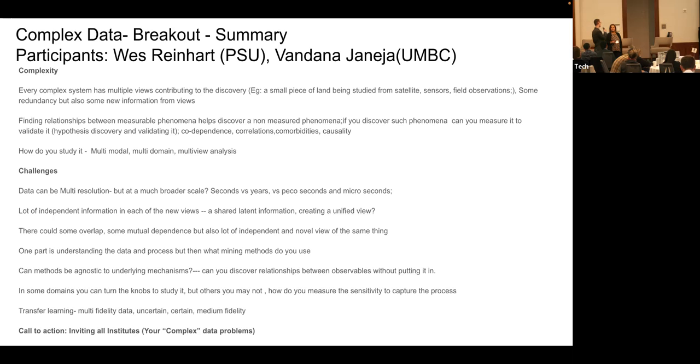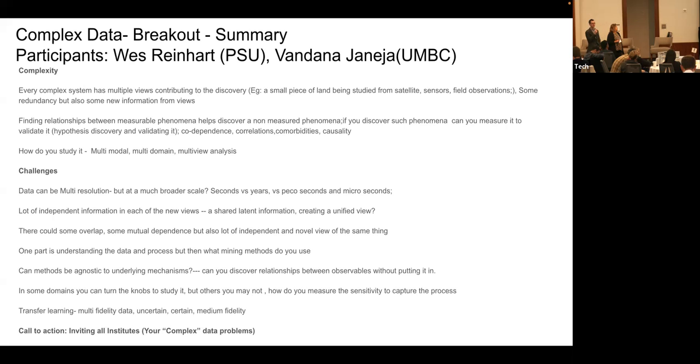Then we talked a lot about the processes that we need to analyze these data, methods that could be either agnostic to the domains or how much you need the inductive bias, right? As Vandana mentioned, sort of halfway in between ML challenges and inductive bias. And then also there are domain specific constraints.